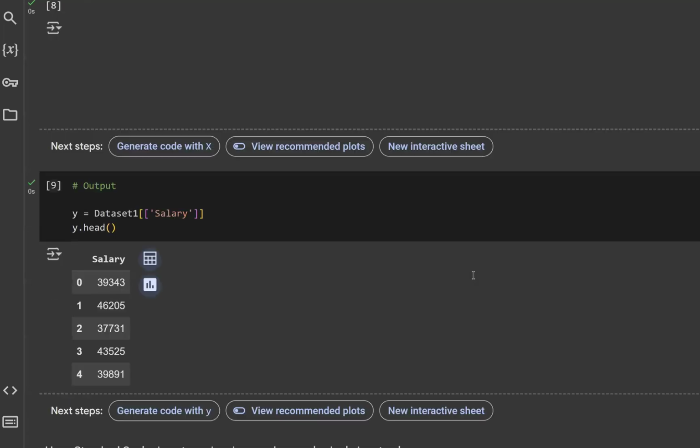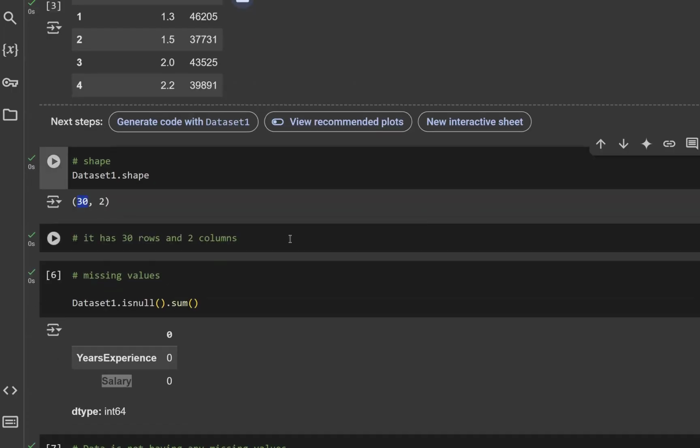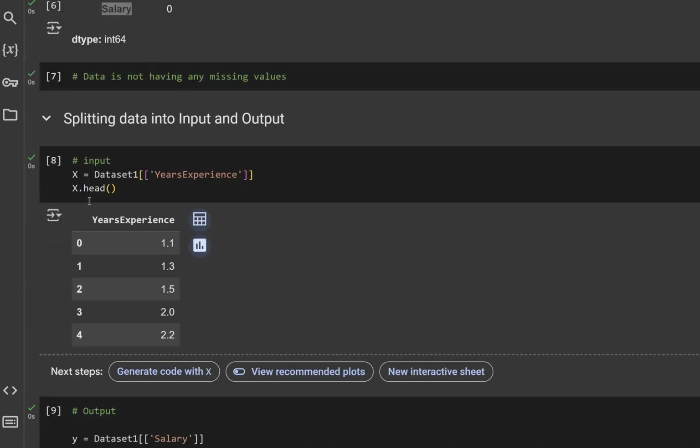What was the shape of my data? So our data was having how many rows? 30. So what is the 80% of 30? Tell me.